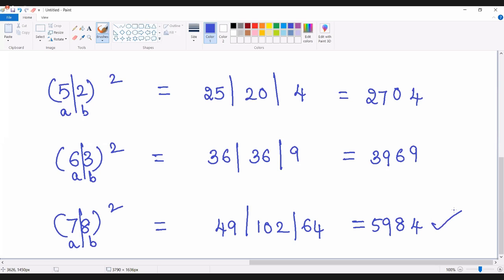Answer is 5984. Sorry, this is 112. The answer is 6084.